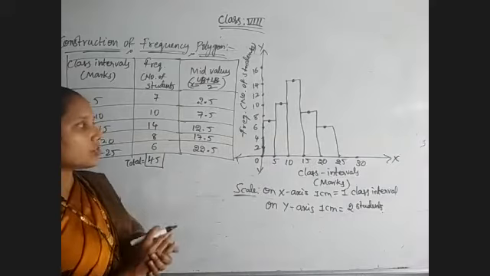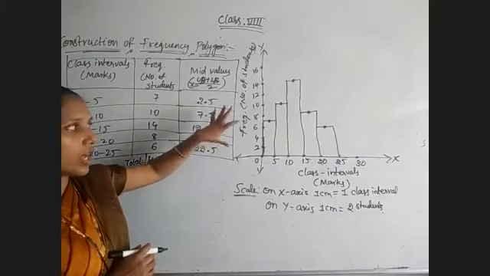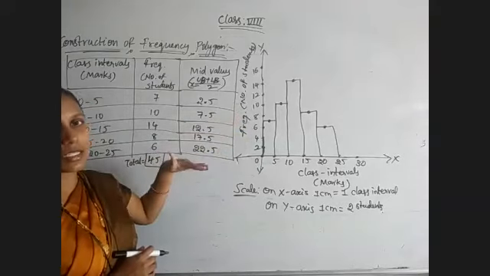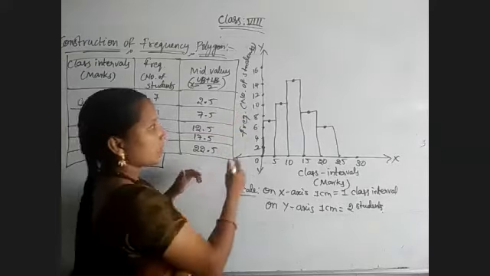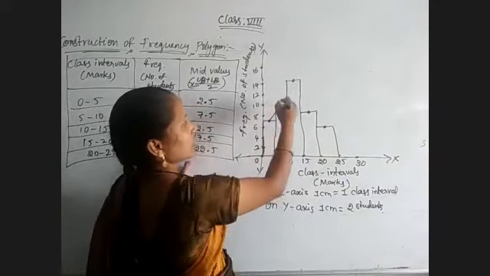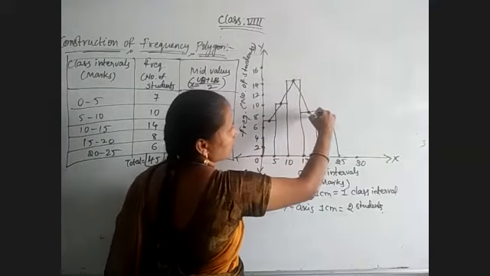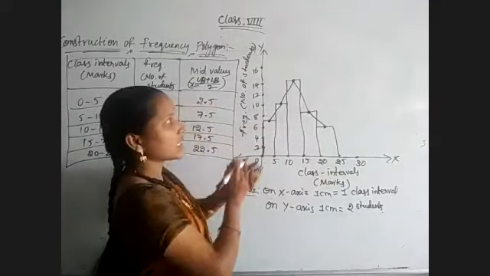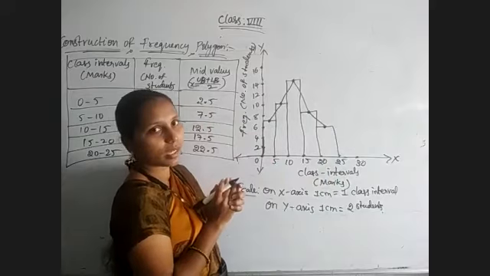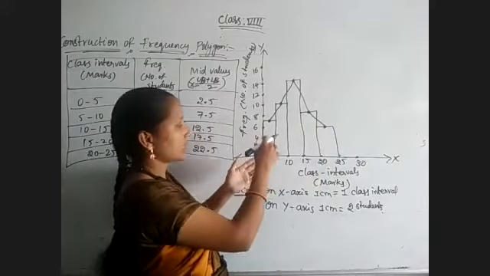Now join the points by using the scale. Draw the straight lines. Till here you will get this, and next these 2 points, but it is an incomplete curve.